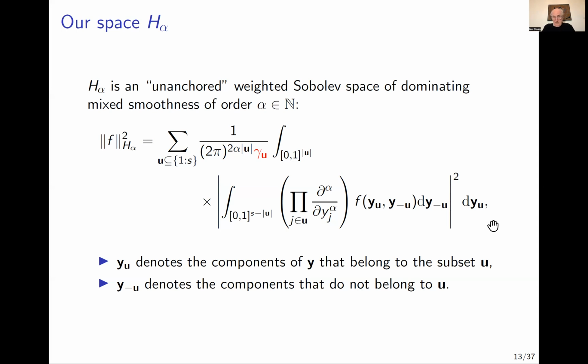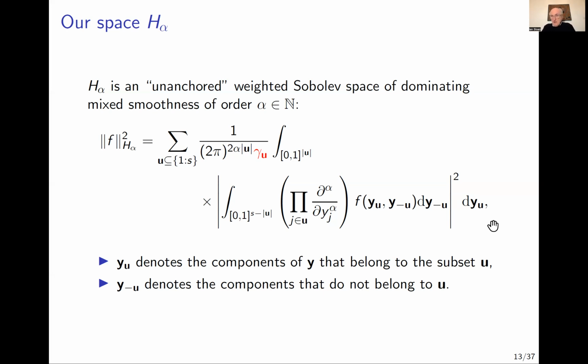But the integral of the square: we separate the variables, where y_u denotes the components of y that belong to u, and y_minus_u the others. We differentiate alpha times with respect to the variables y_j that are in u, for j in u, and we integrate out the others.